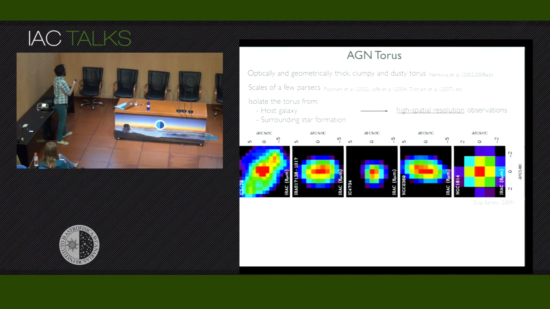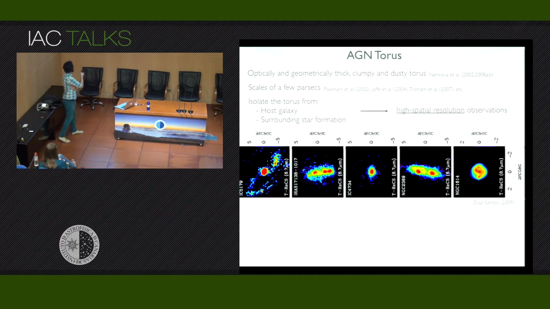Here I show IRAC images of a few different galaxies, 10 by 10 and this one 4 by 4 arcsecond. If we go to Gemini North, an 8-meter telescope with high spatial resolution, we are able to resolve the extended emission of the AGN, and we are able to isolate the torus emission from this extended emission.